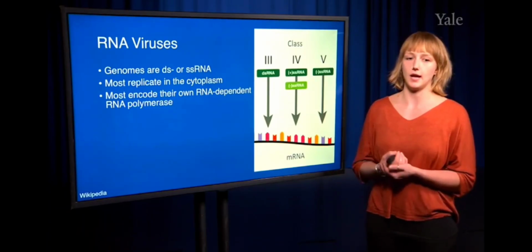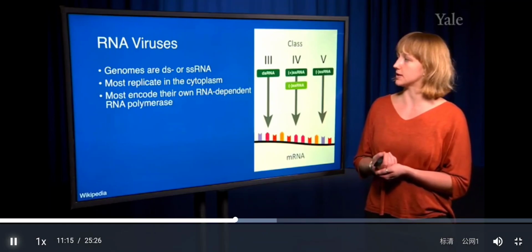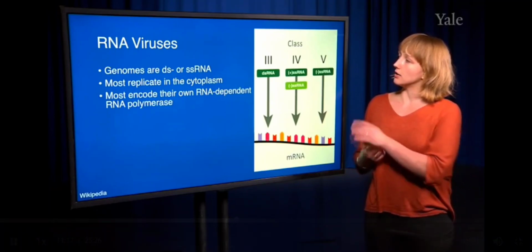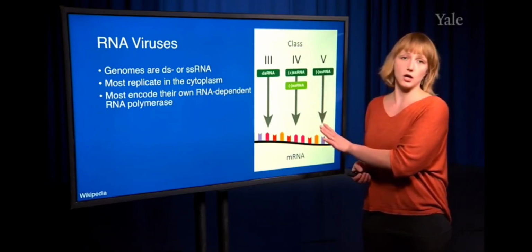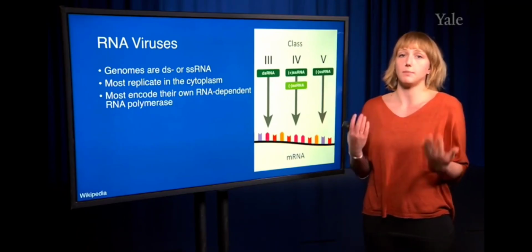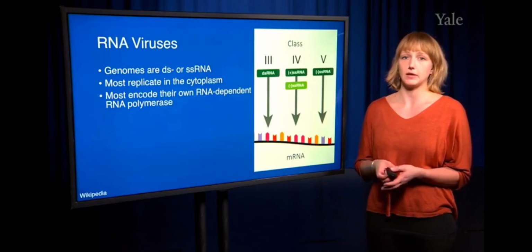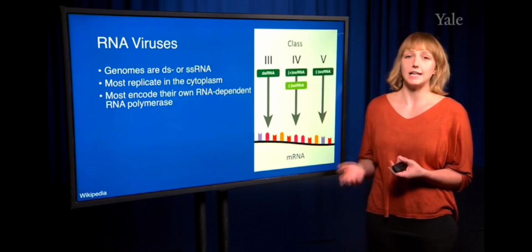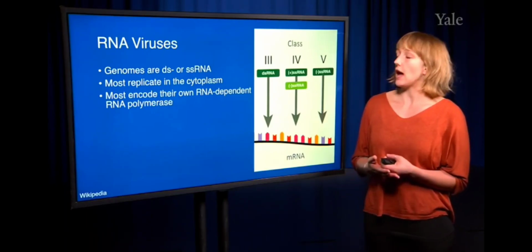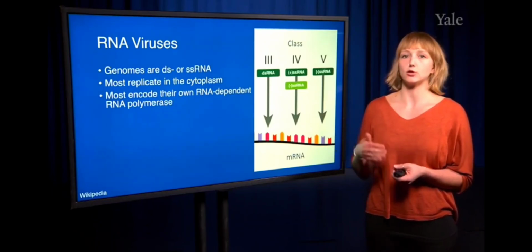So for example, our class 4 RNA viruses are what are called positive single-stranded RNA viruses. So this means that their RNA is what's called infectious, and that means that their RNA can directly be translated into viral proteins.